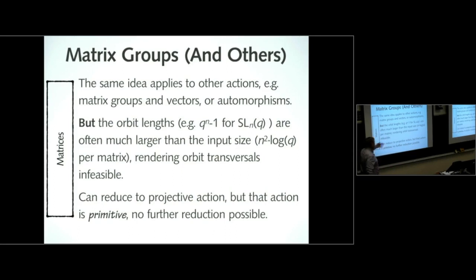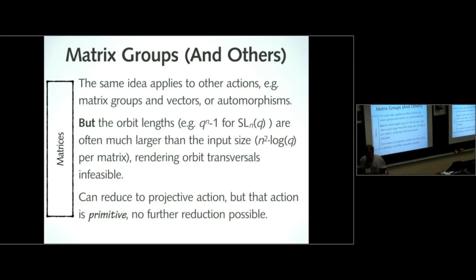If we look at the orbits on vectors of a matrix group, let's say you take SL(n,q), n by n matrices over the field with q elements, it turns out all vectors but the zero vector are in one orbit. So there our orbit is comparatively long. This is much closer to the order of the group. The stabilizer is very, very small.